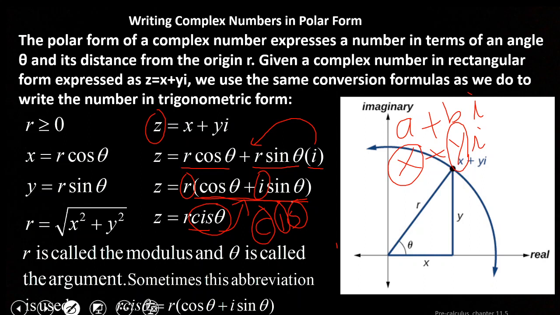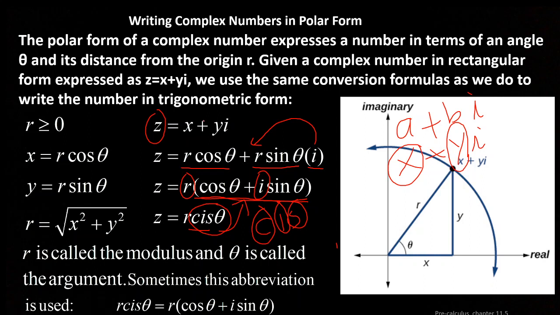So r is called the modulus or the magnitude, and theta is called the argument. To find r is very easy. It's basically the square root of x squared plus y squared, right?